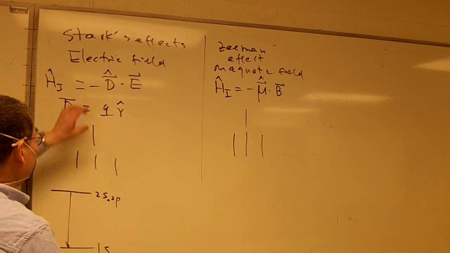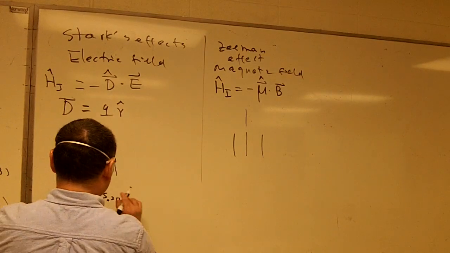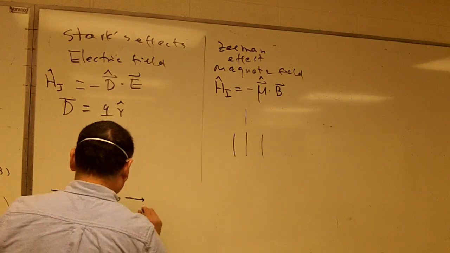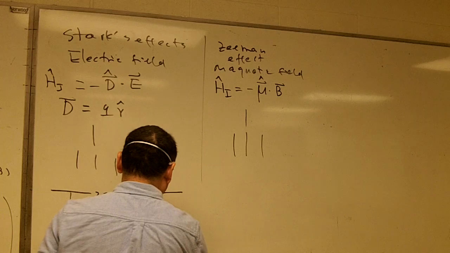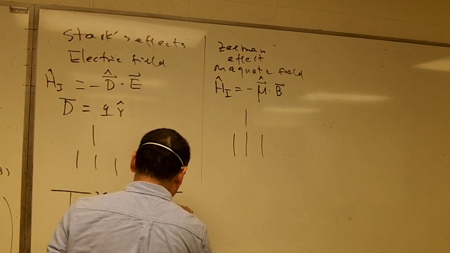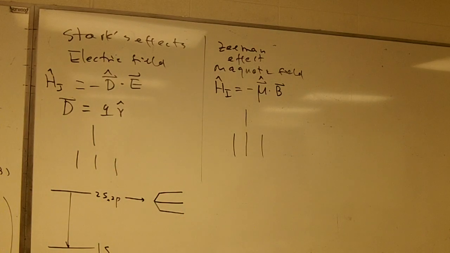But when you apply an electric field, this particular level will split. One will go a little bit up, one will go a little bit down, and the other one will be in the middle.